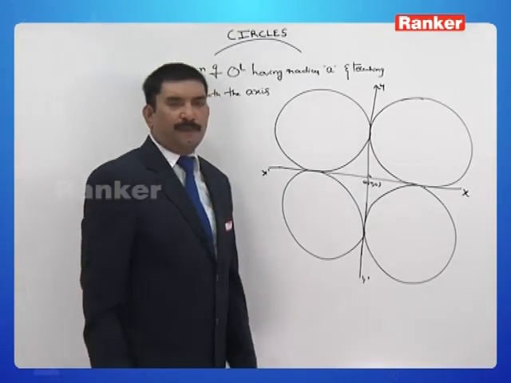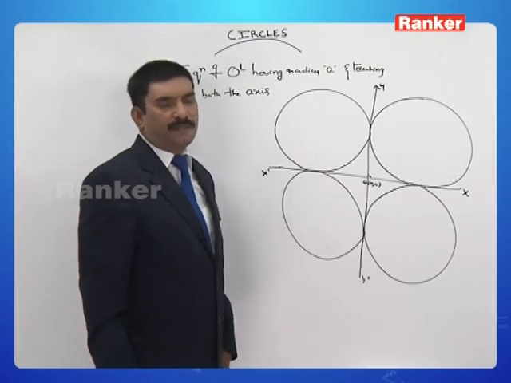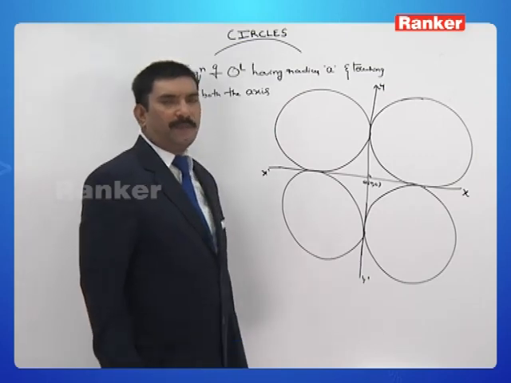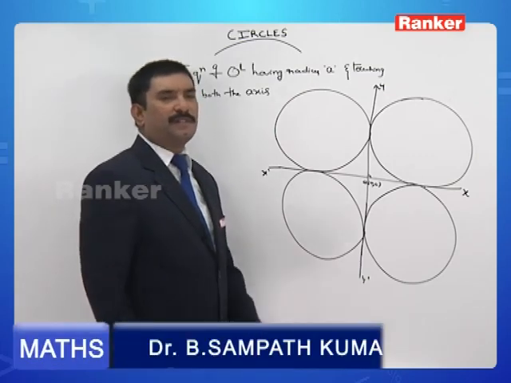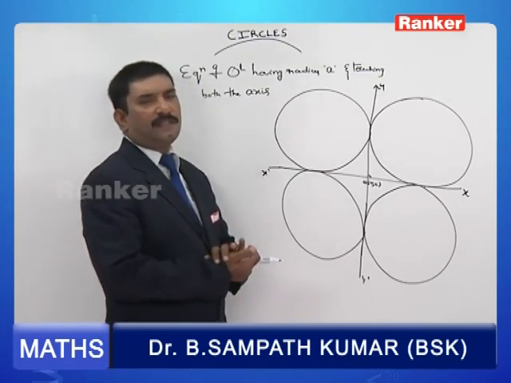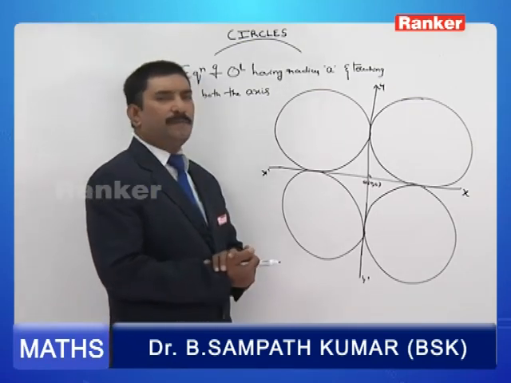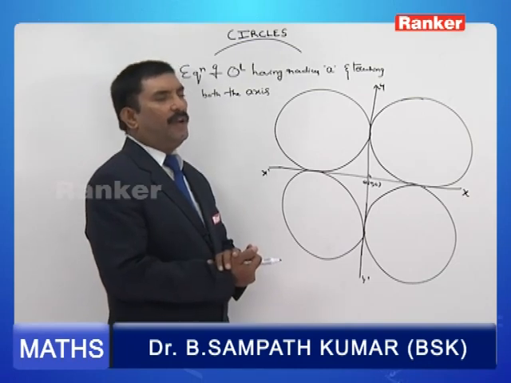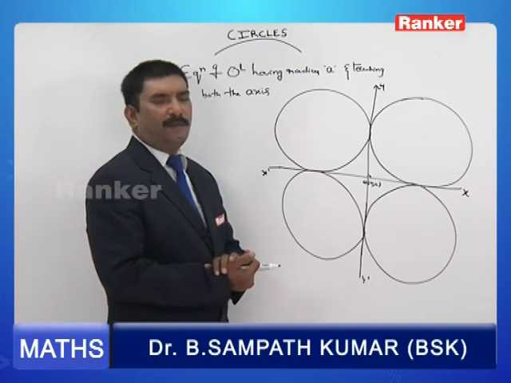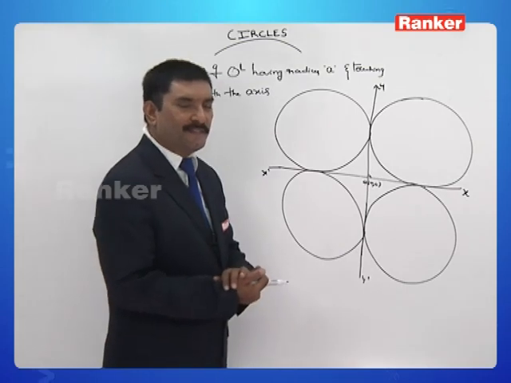Those who are aspiring for the objective examination, you have a very good question on this. Once in the IIT-JEE, they asked one question: when the circles are having radius a touching both the axes, then the area of the quadrilateral formed by joining the centers of the four circles.